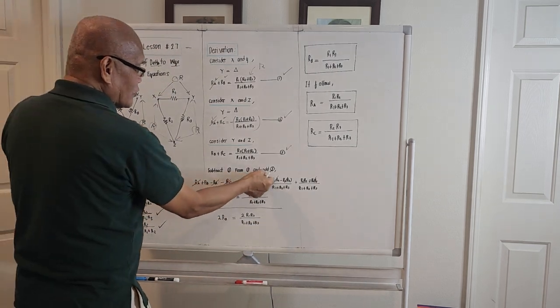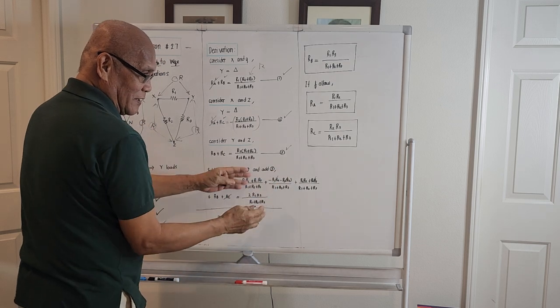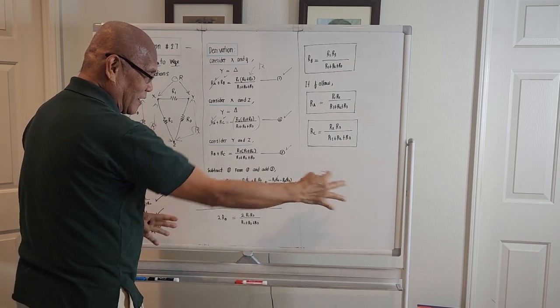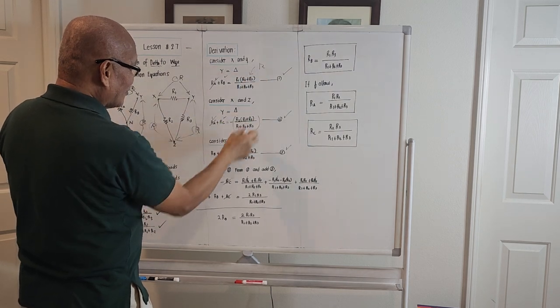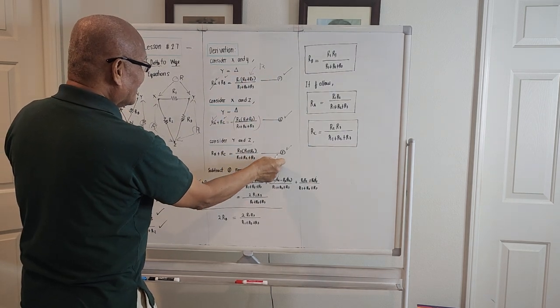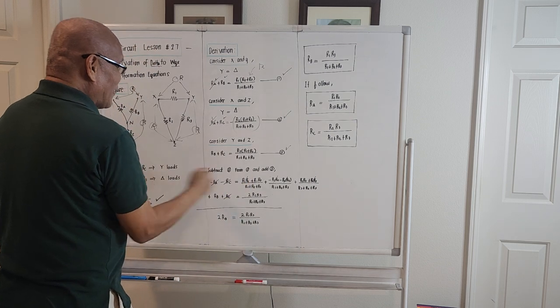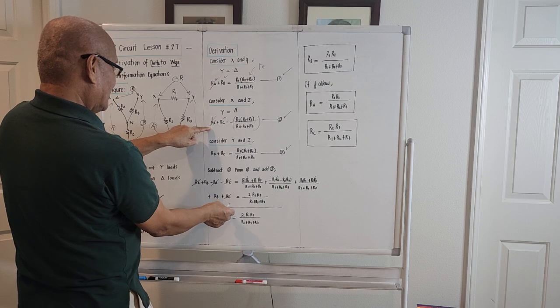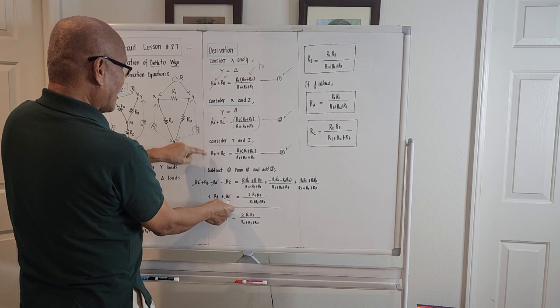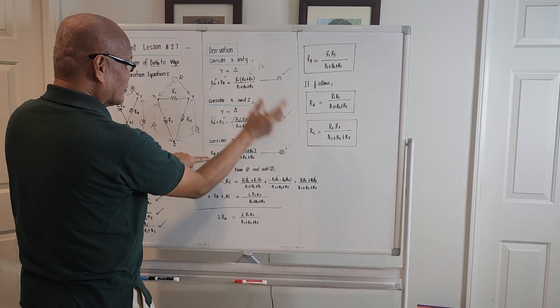And add equation number 3. I just expedited the writing because we lack space. After subtracting 2 from 1, we will add equation number 3 to the sum. So the left hand side will be RA plus RC, or RB plus RC. That's the left hand side if we add 3 to the sum.